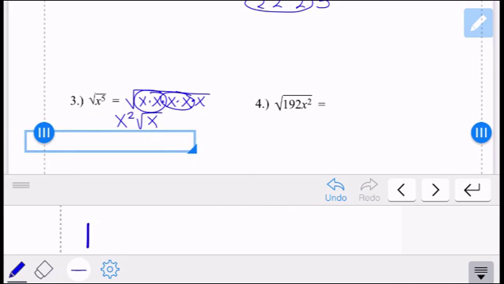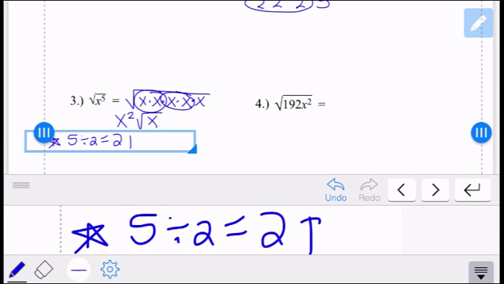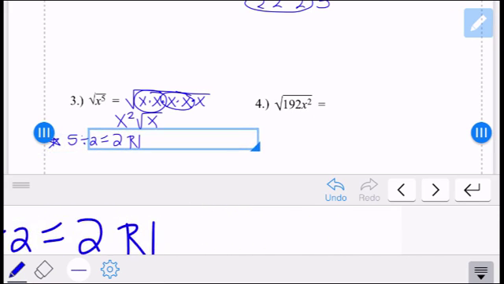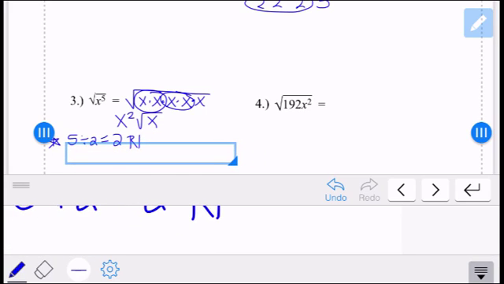Now, a shortcut for this is if we're doing the square root, remember that's like a 2. You could do 5 divided by 2. Well, you know that that's 2 with a remainder of 1. So this 2 here, that's our exponent on the outside.